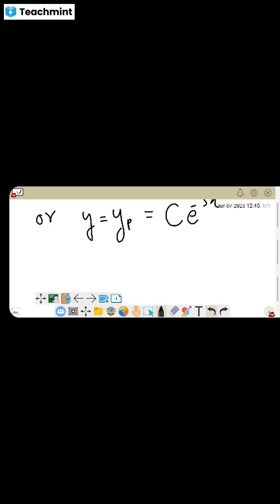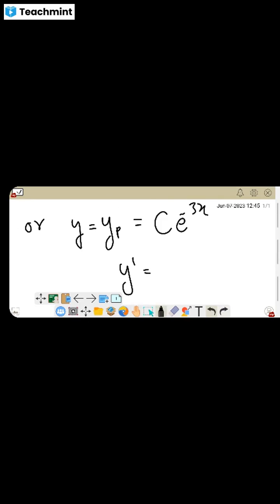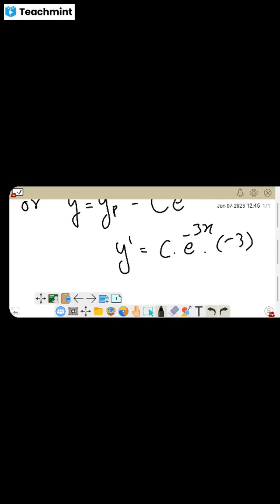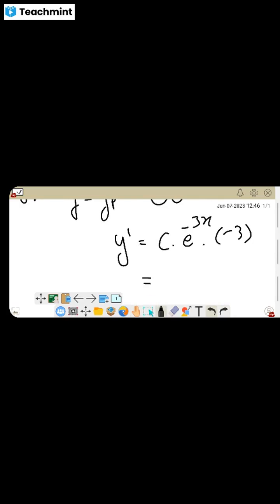Now find y dash. So here we have c into e to the power minus 3x into minus 3, which is equal to minus 3c into e to the power minus 3x.